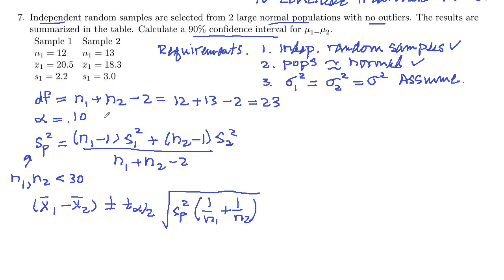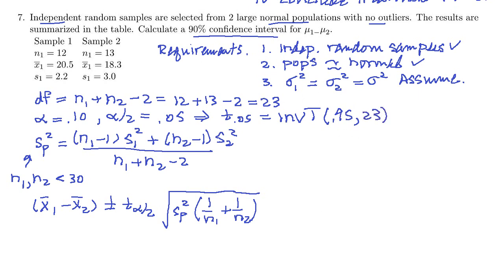So since alpha is 0.10, that means alpha over 2 is going to be 0.05. So that means that we need t 0.05 to go in here. So that's going to be inverse t. 0.05 is the right area, and inverse t we use the left area, 95% left, and then our degrees of freedom, which are the 23.